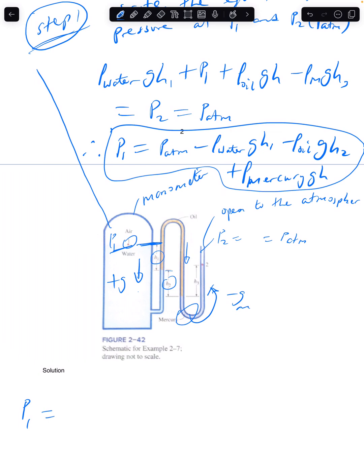So we know the unit is not a bigger problem here. We know that P1 is equal to atmospheric pressure, we have 85.6 kilopascal, if you look at the question, plus G is 9.81 meter per second square.